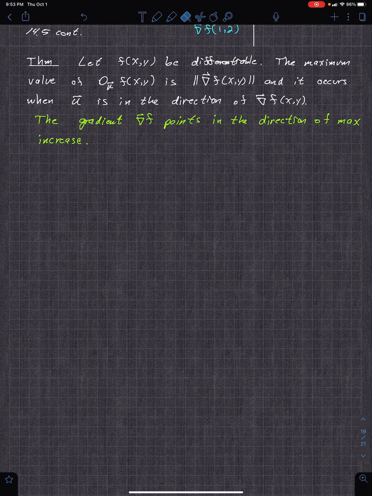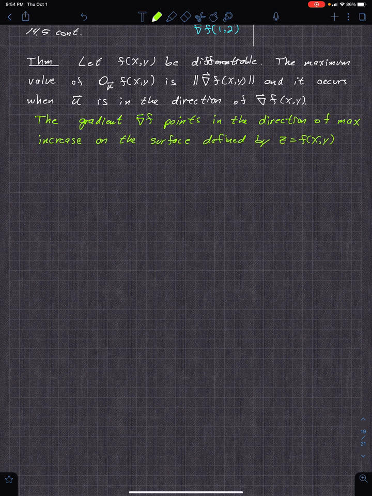I'm not finished with that statement yet. The maximum increase on the surface defined by z equal to f of xy.